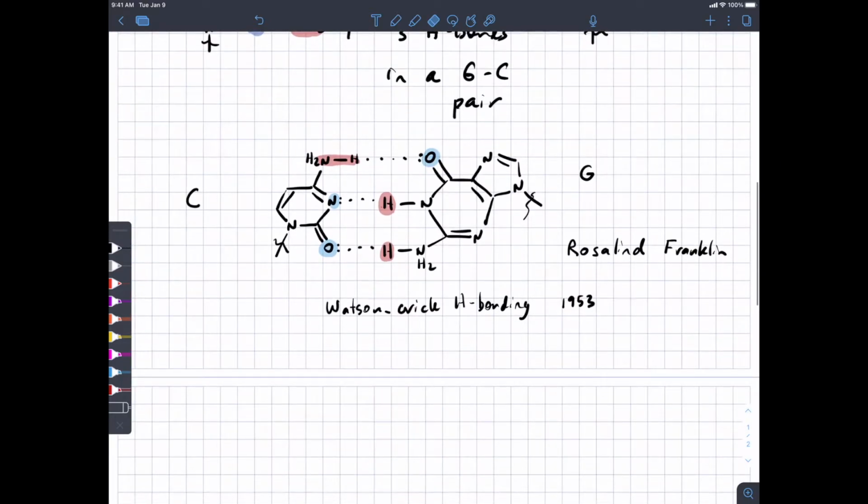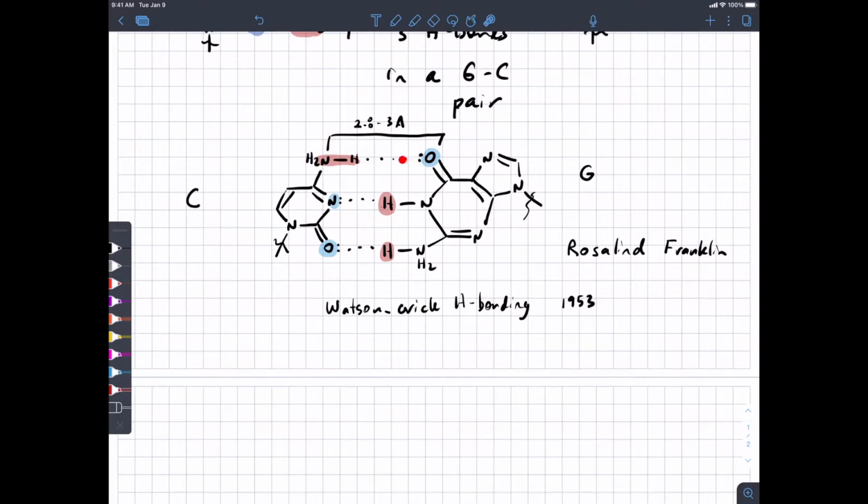Anyway, in the DNA double helix, there's about a distance of maybe 2.8 to 3 angstroms in between the heteroatoms involved in these hydrogen bonds.